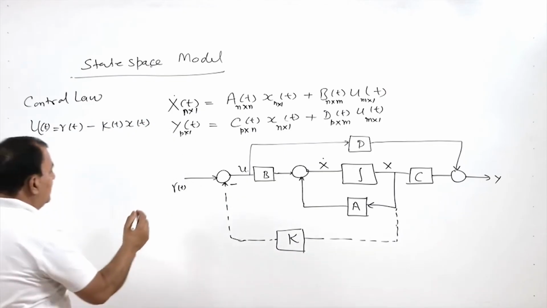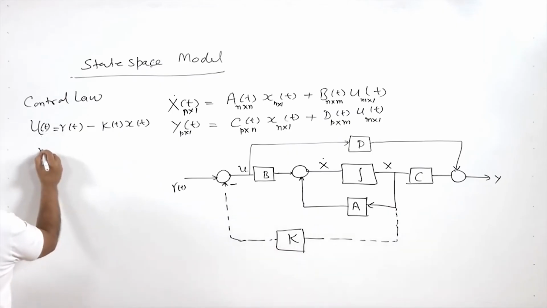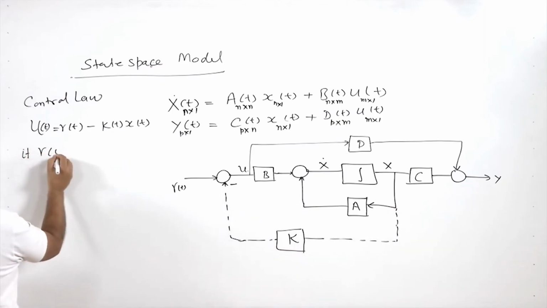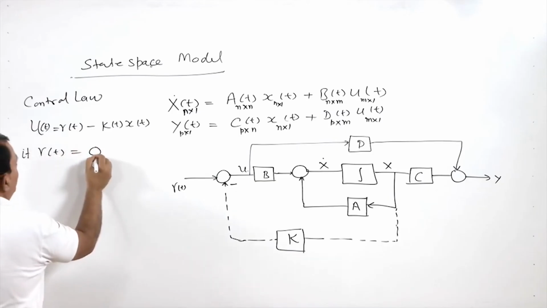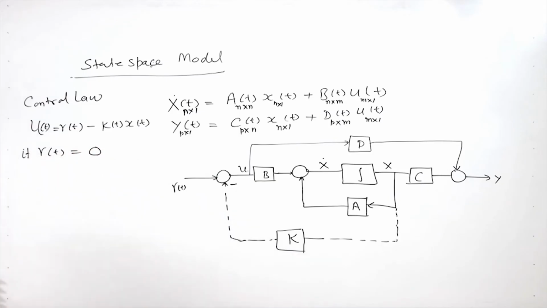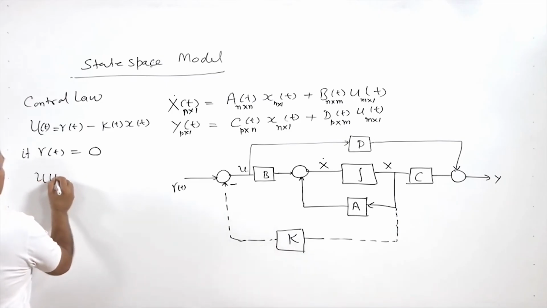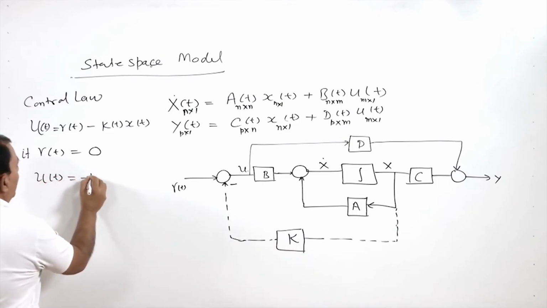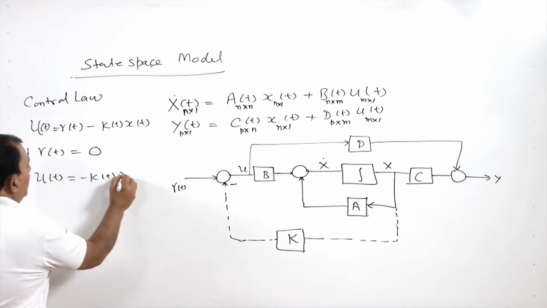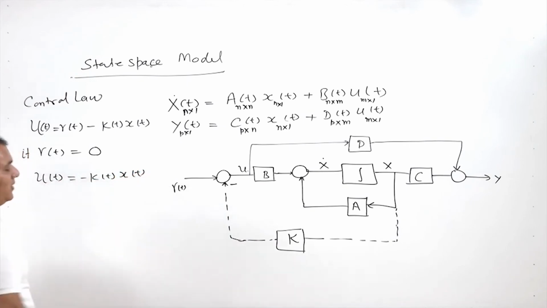In most of the cases, r(t) may be 0, which we call the regulator problem, discussed in detail later on, then my u(t) is simply minus K(t) x(t).